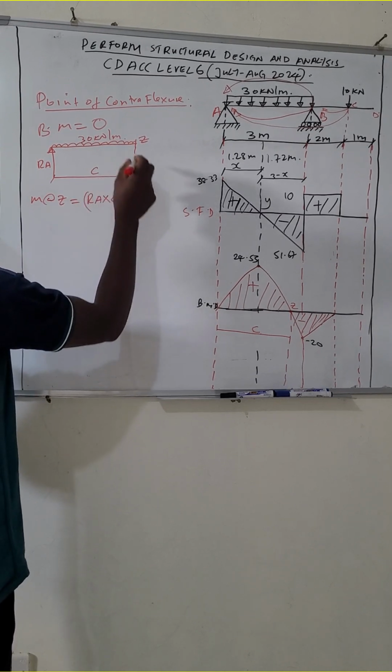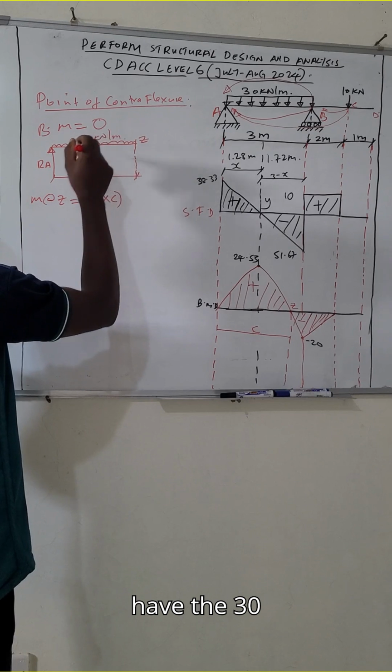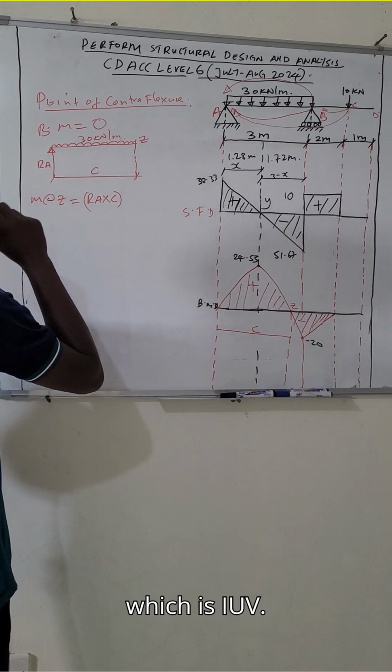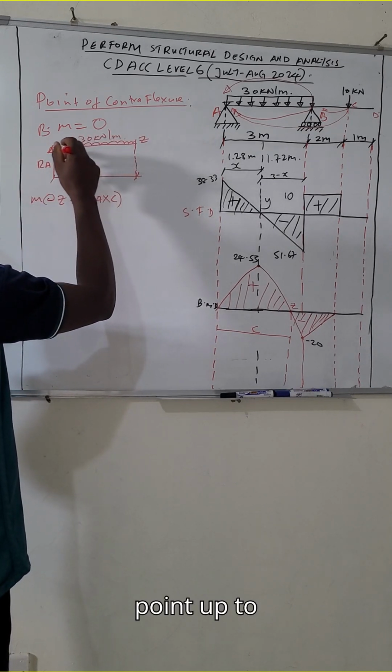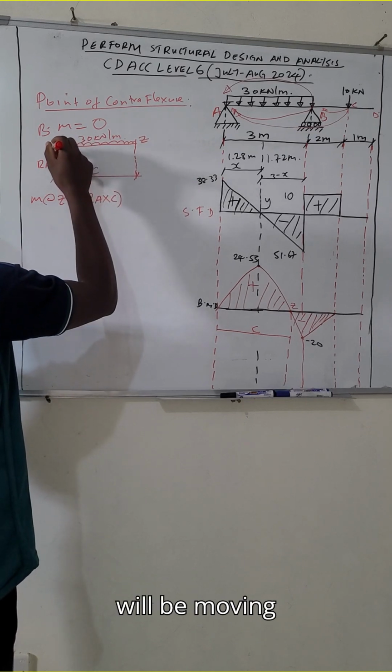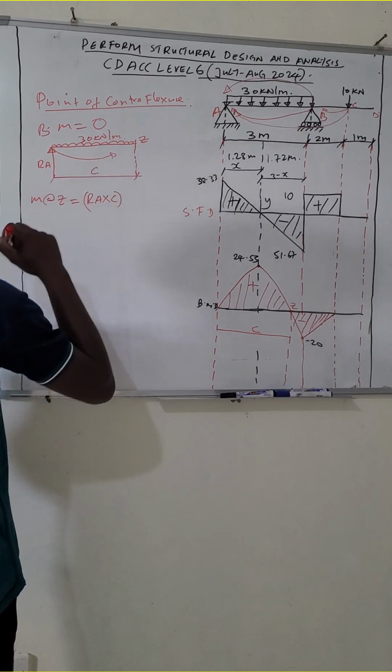And then we have the 30 kilonewton per meter, which is a UDL. It starts from this point up to here, so it will be moving in such a direction.